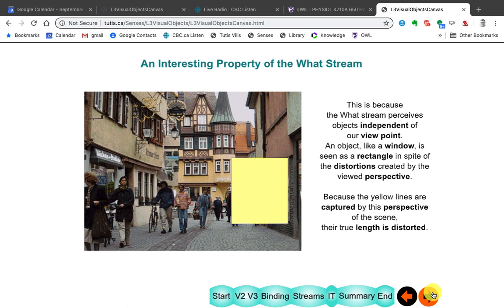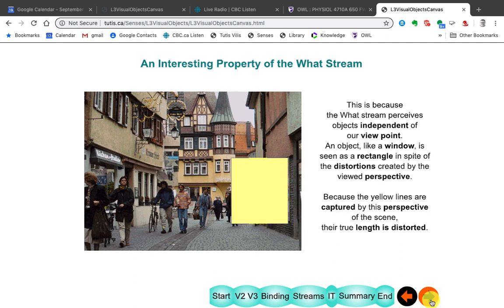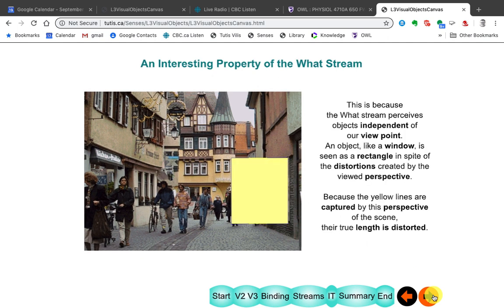But perspective forces you to see this, and if you become an artist, through practice, you force what you see to be changed into what is really there, that this is the length of that line.